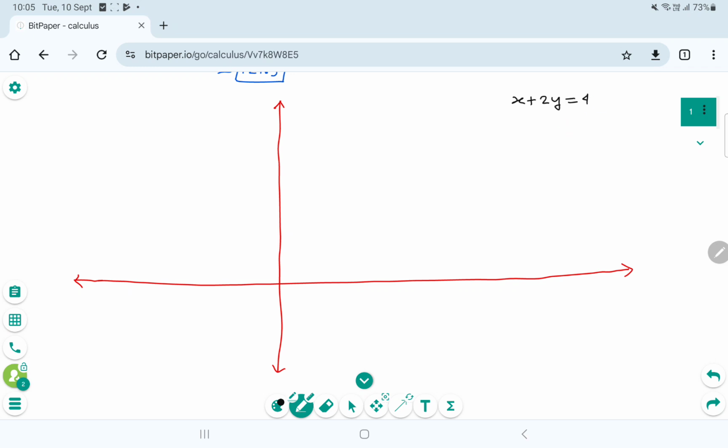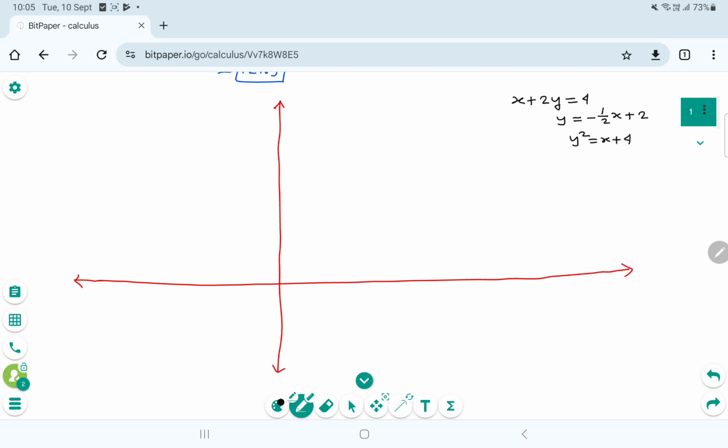For the straight line you have x plus 2y equals 4, right? So from here you can calculate y equals -1/2x plus 2. Perfect. This is the first graph, and the second graph is y square equals x plus 4.